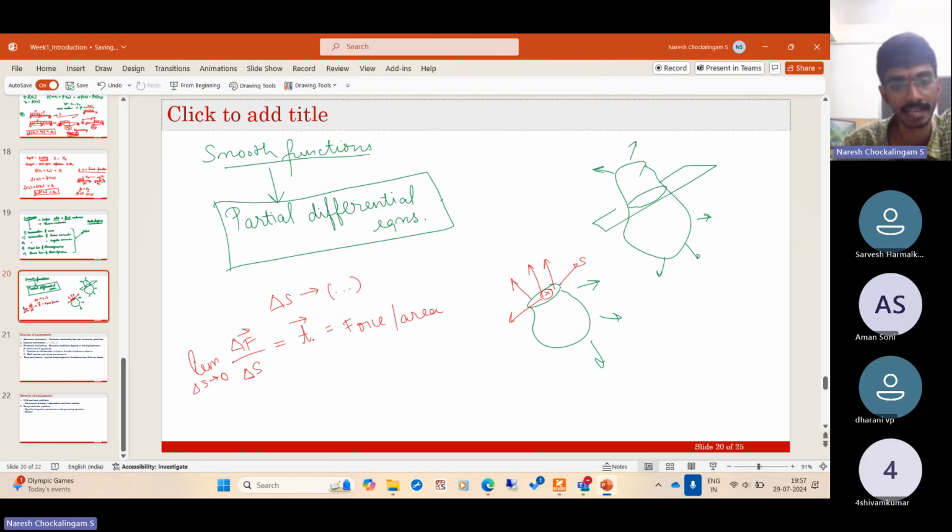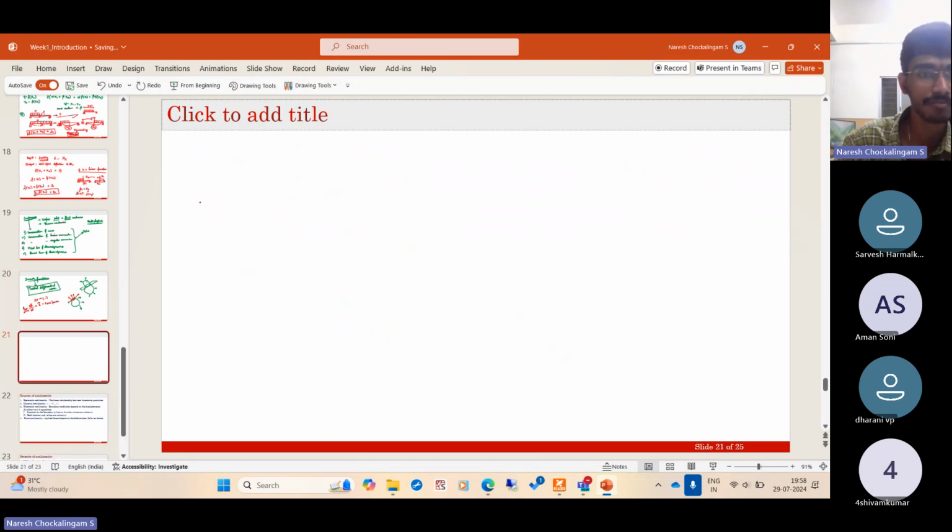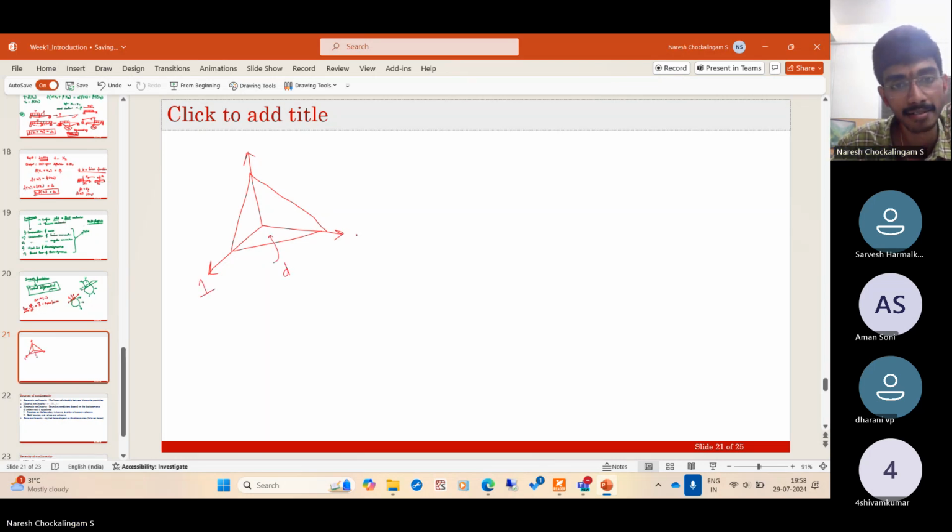So it's a vector. Now there's a good relationship. This comes later in the course, but the way to derive it is you consider a very small tetrahedron like this and expose a face like this. Let me call these the 1 axis, 2 axis, and 3 axis. Opposite to 1, I'm calling this face dS1. Opposite to 2, this face dS2, and this face dS3.